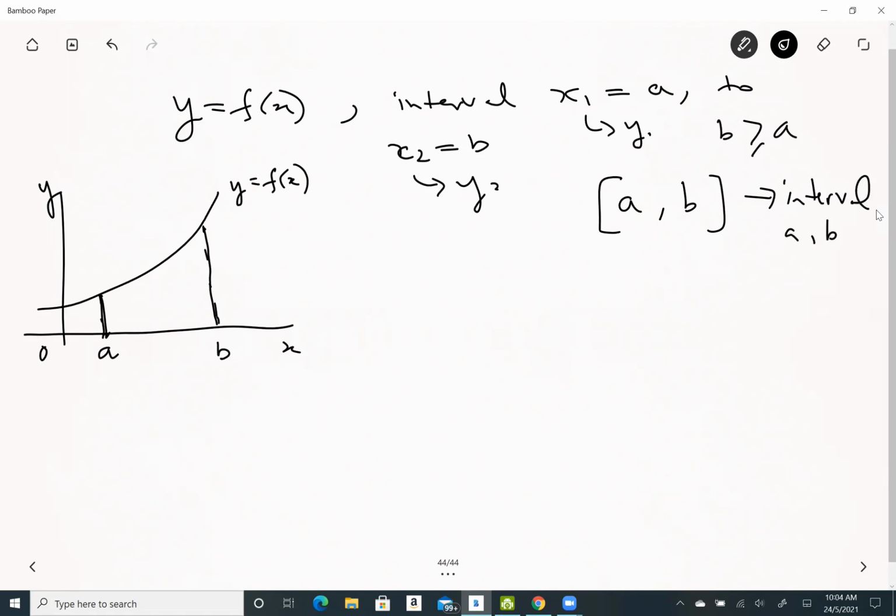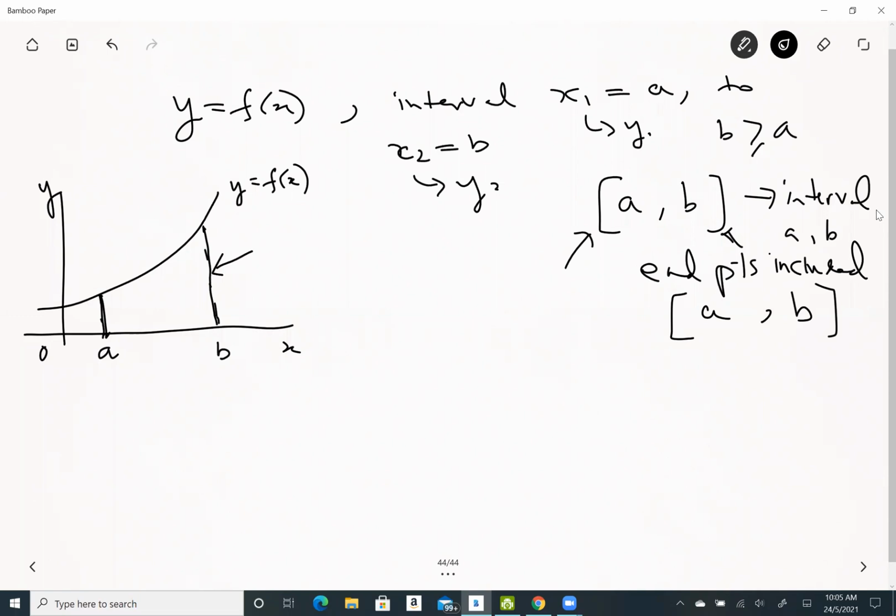When you have a square bracket like this, that means the endpoints are included in the interval. Point A is in the interval, point B is also in the interval, and every other point in between is in the interval. We show it by a straight, non-broken line.